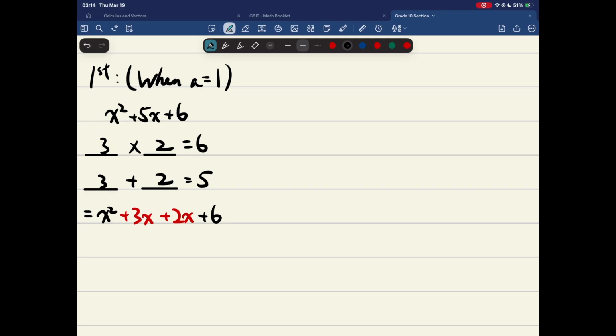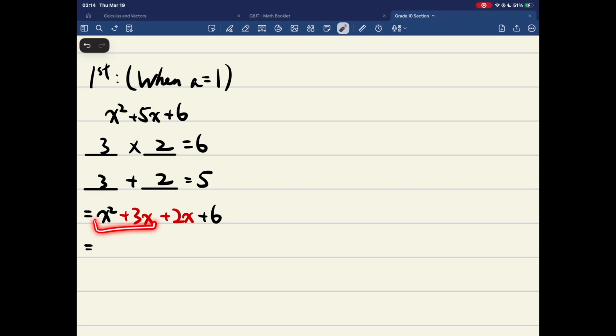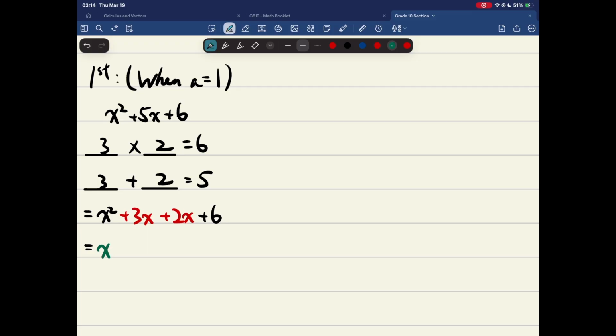After you do this, you can factor something out. For the first two terms, you can factor the x out, so it will be x, bracket, x plus 3, close bracket.